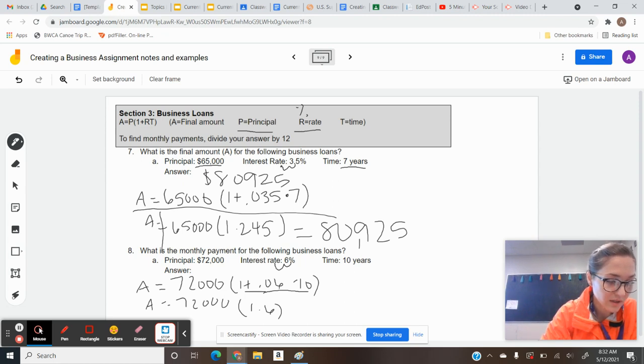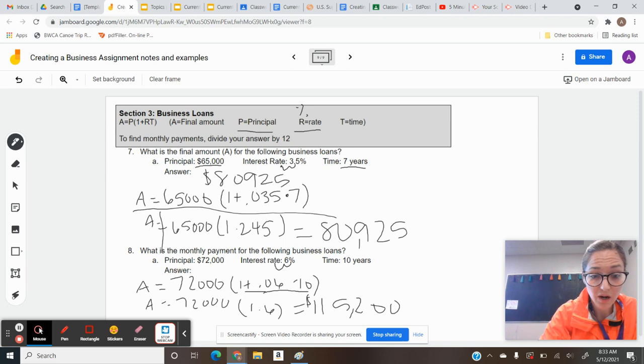Multiply those, and I get $115,200. Okay. So that's how much total I'm paying after 10 years.